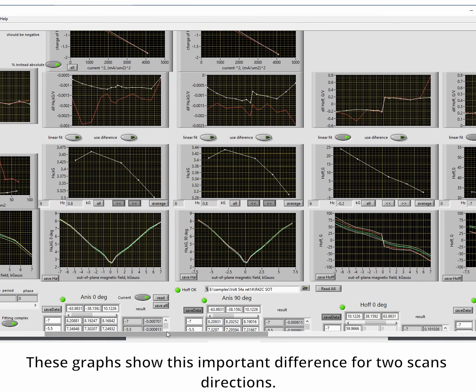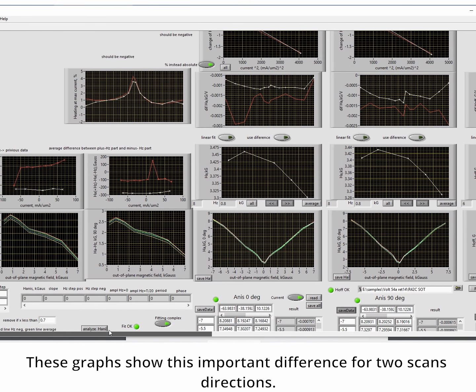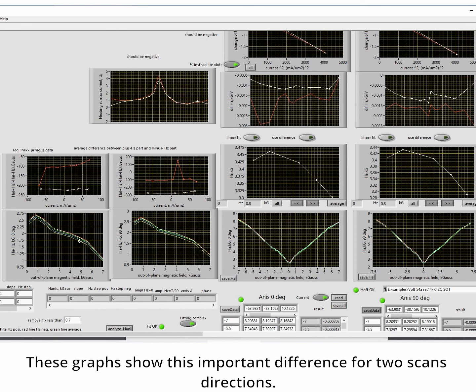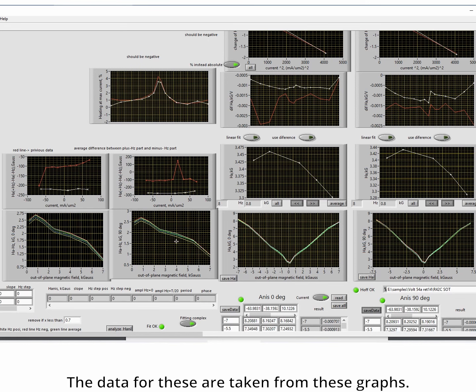These graphs show the calculated difference for two scan directions. The data for this are taken from this graph, and data for this graph are taken from this graph.